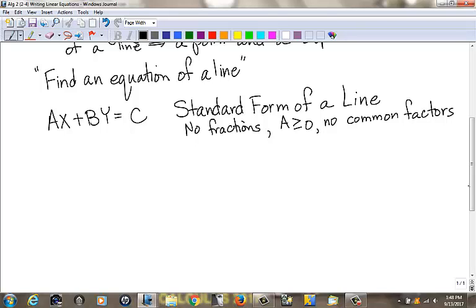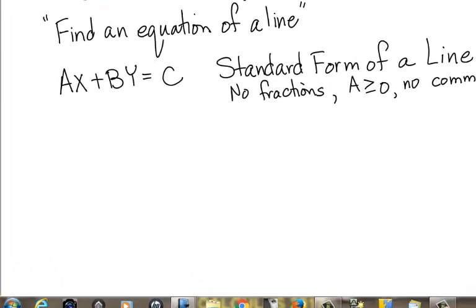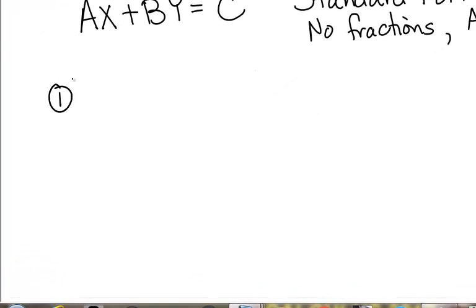Okay. Now, just because they ask for it in standard form, like if they say find an equation of a line in standard form, that does not mean that's what you start in. You might start in point slope form of a line, but they want you to end up in this standard form of a line. Okay, so let's look at examples.